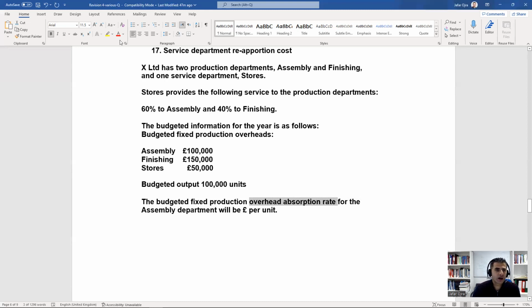We have the 100,000 already, but we need to add the reapportioned 60% of the stores, so 50,000 pounds times 60%. You add it to 100,000 and then divide by the output.